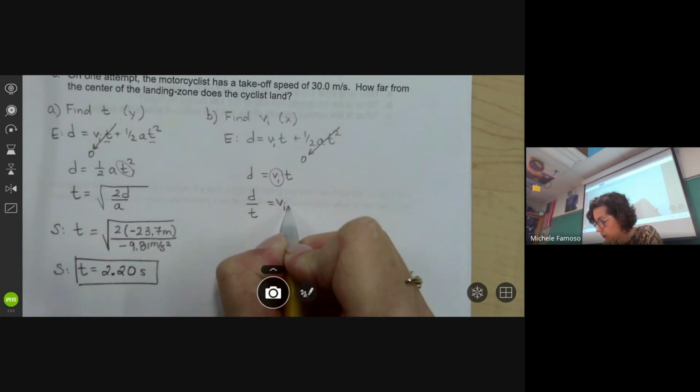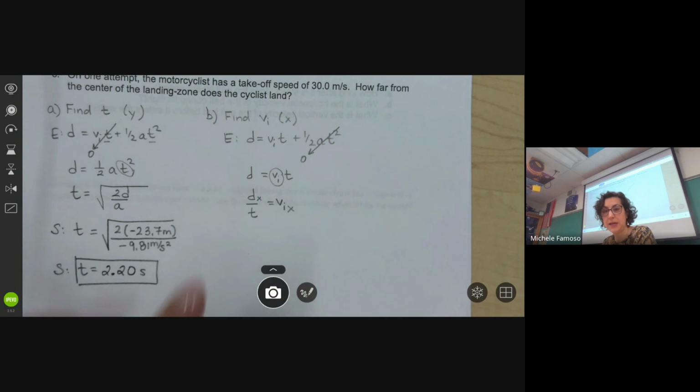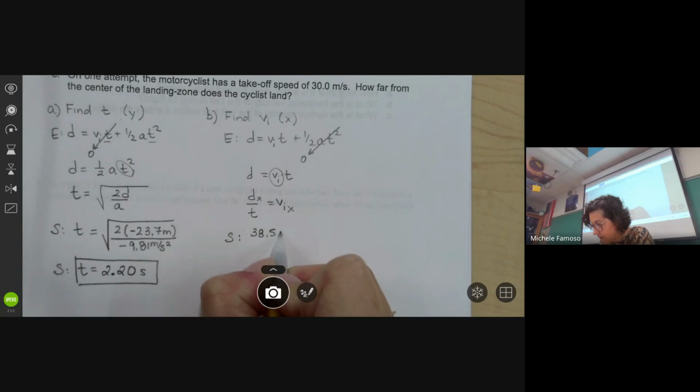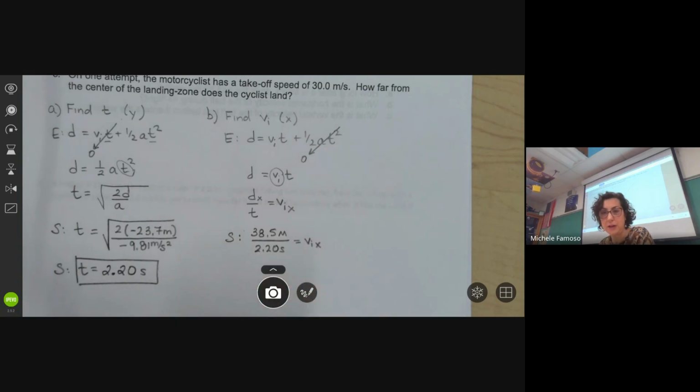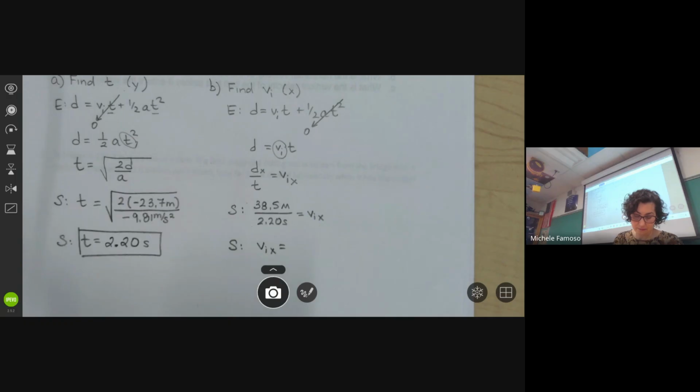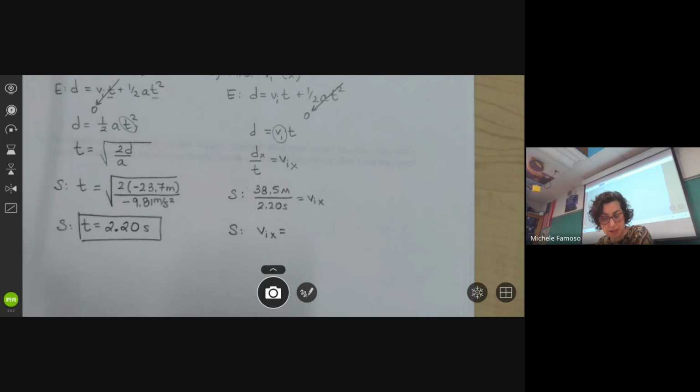That's right. Now we're going to do this in the X direction, which means I need the X distance and the X velocity. So that means I'm going to take 38.5 meters and divide by 2.20 seconds to get that initial velocity in the X direction. Lisa, can you tell me what that means the X velocity is?